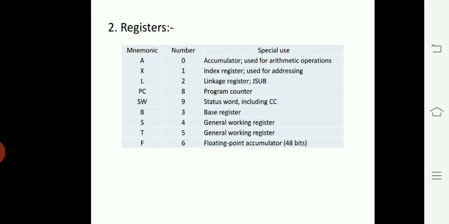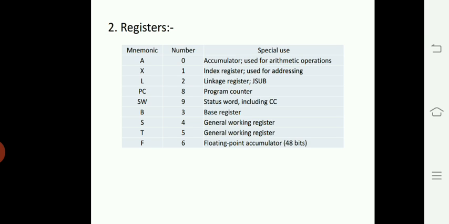If the addressing mode is indexed addressing mode, then the target address is calculated by adding the address specified in the instruction to the index register X. The third register is the linkage register, represented by the letter L, and its number is 2.